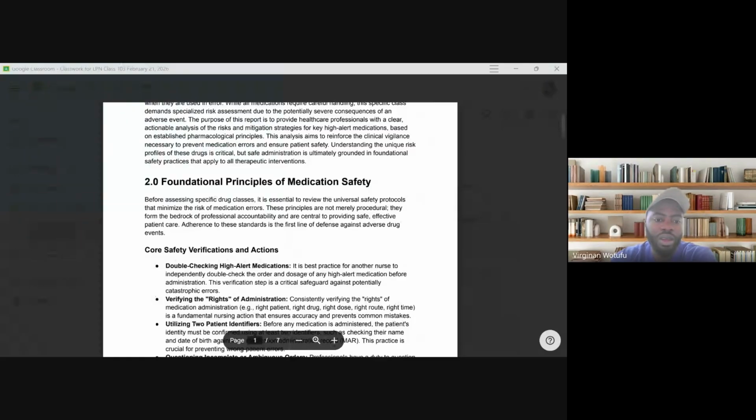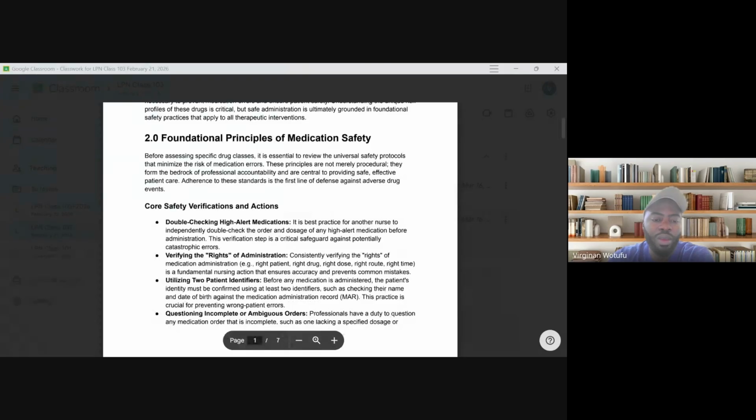Another core safety verification we have, we made mention of nearly all these things earlier, is that you use two patient identifiers, right? Like the name of the patient and the date of birth, on the medication administration record.